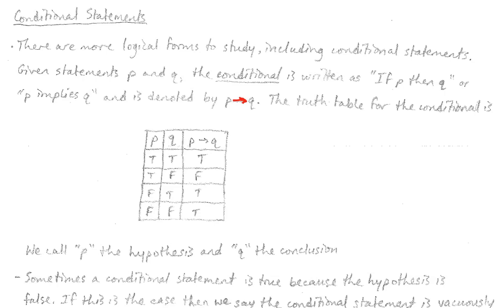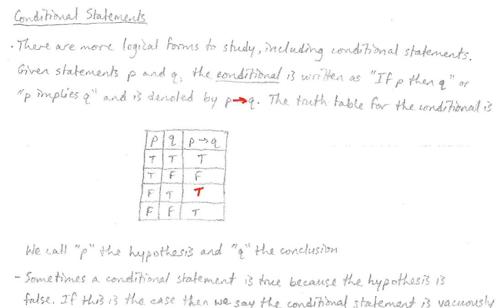And the truth table for the conditional is as follows. You have P and Q and all possible combinations of truth values, and then you have your conditional P implies Q. A true implying a true means that the conditional is true. A true implying a false is a false. A false implying a true is a true.